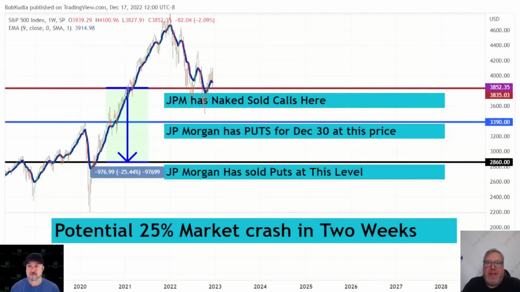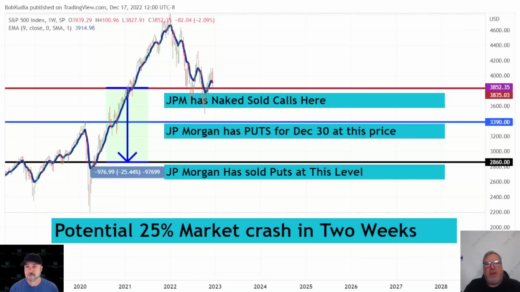So after the Fed comes people like JP Morgan that set market conditions. And what they do every quarter is they put a collar together where they buy puts, and then they sell puts underneath it. And then they also sell calls to pay for the puts.